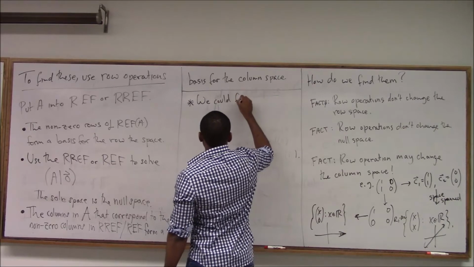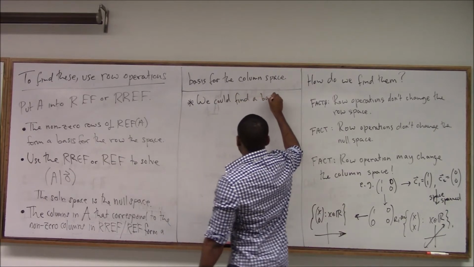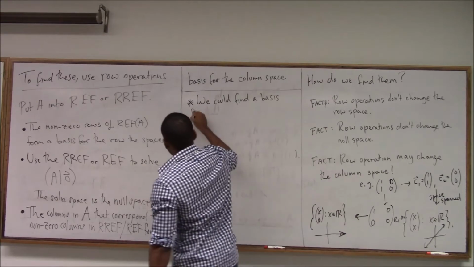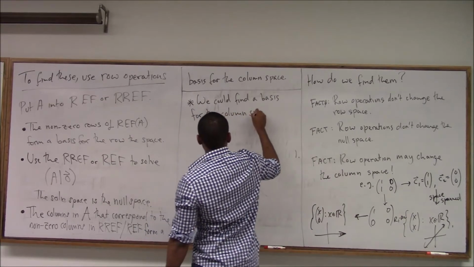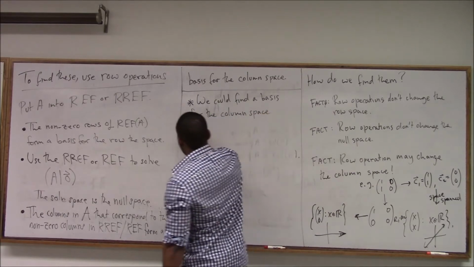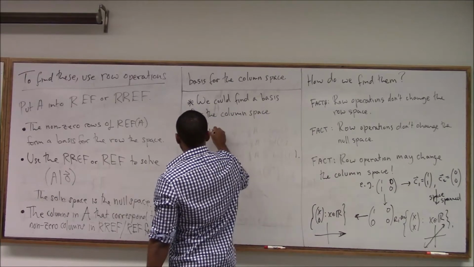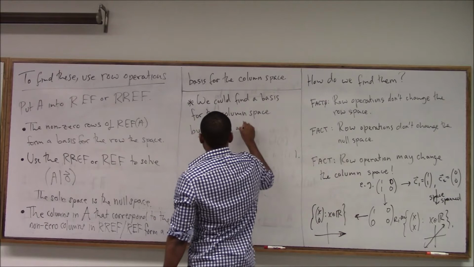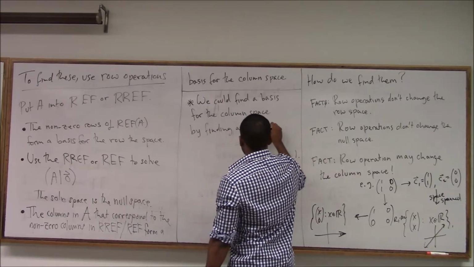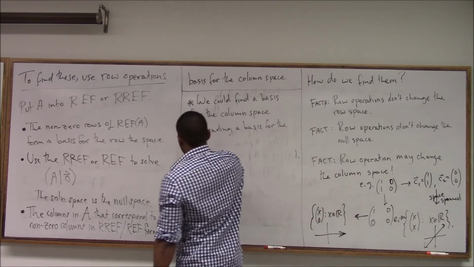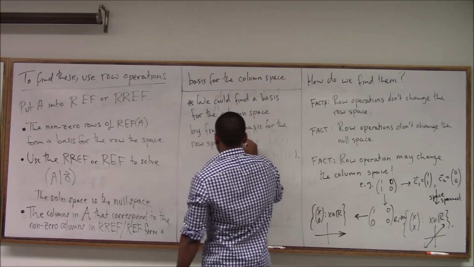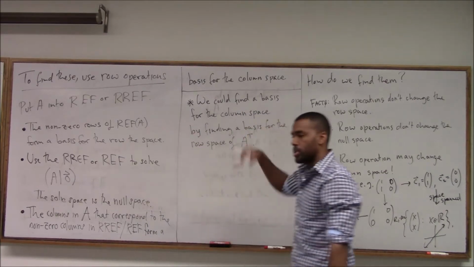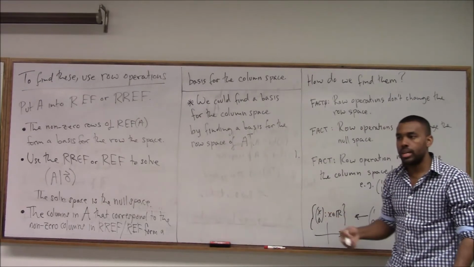We could find a basis for the column space by finding a basis for the row space of the transpose.